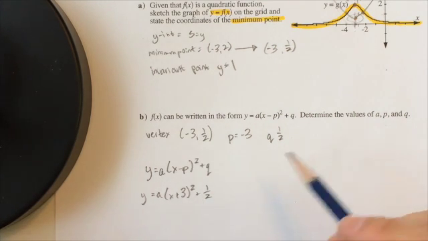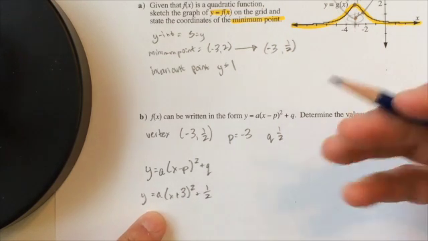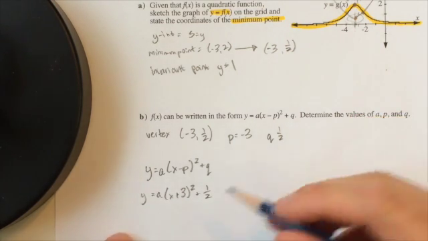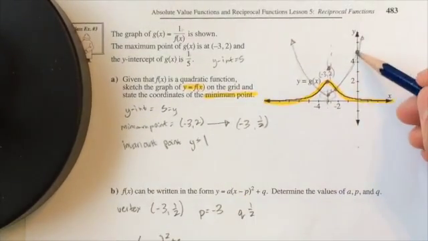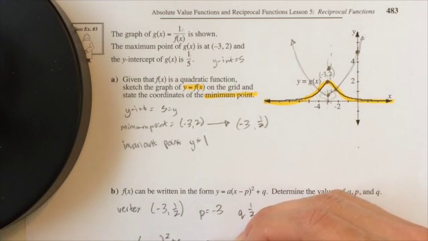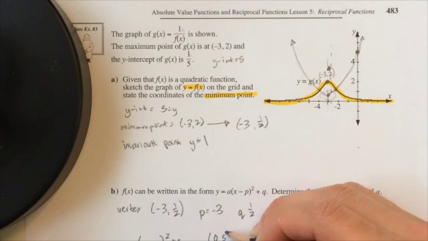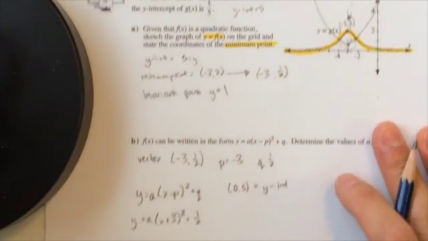And what I'm looking for is my values of x and y, and I could just use my y-intercept for this, and my y-intercept for my graph, remember, is at y equals 5 and x equals 0. So I'm going to use the points 0 and 5 for my y-intercept, and I'm going to plug that into my graph.